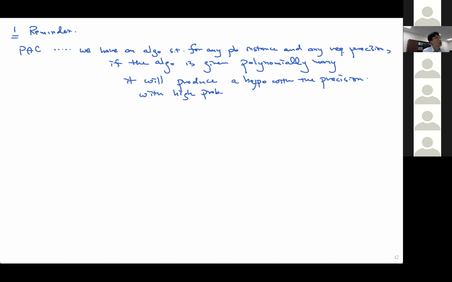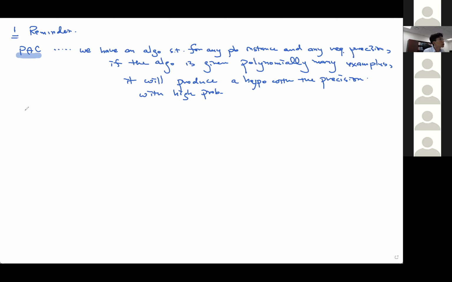If we do so, this algorithm will give us a good hypothesis with high probability. So that was the definition of PAC that we covered. And now we want to show some particular problem is PAC learnable.